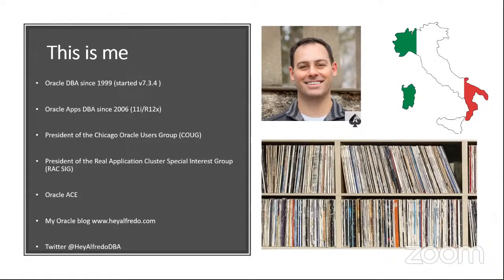I was awarded the Oracle ACE designation for my contributions to the Oracle community. I have a blog. Haven't blogged much lately, but there is some interesting stuff about our past meetings if you'd like to look at that. And you can get a hold of me on Twitter at HeyAlfredoDBA.